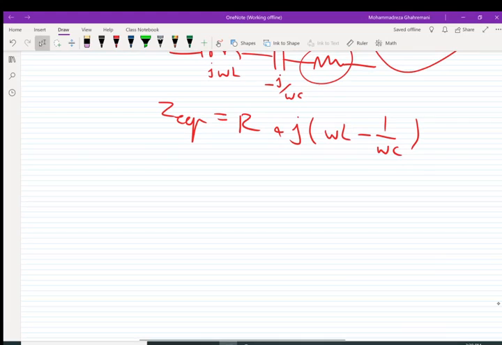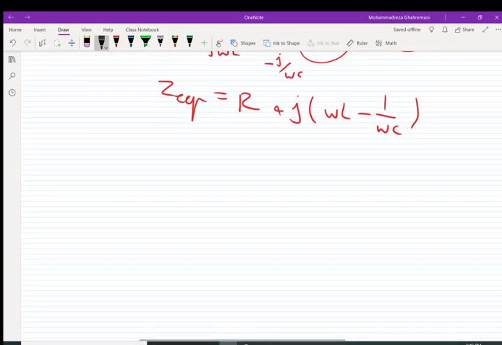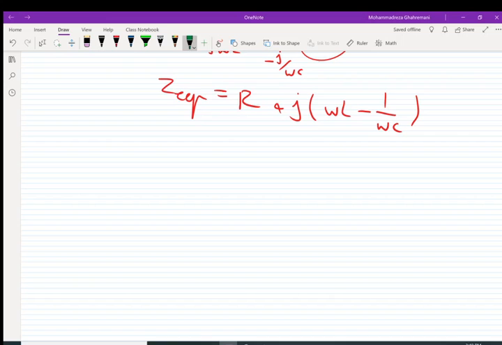Okay, so now that we know what the equivalent reactance is, it's time to discuss the voltage division of circuits with DC and AC elements.